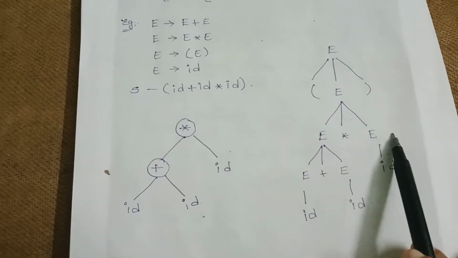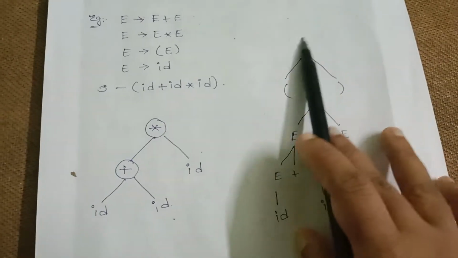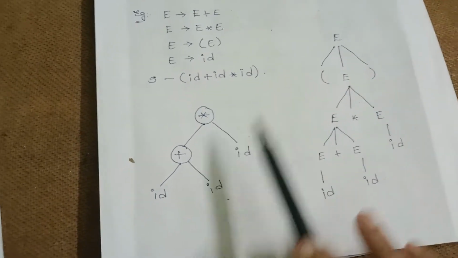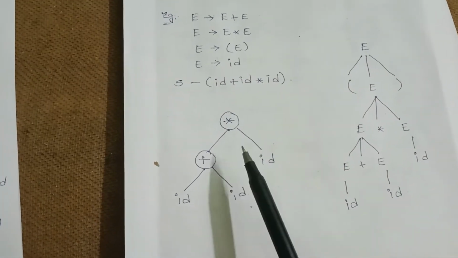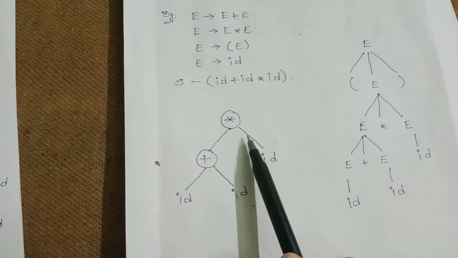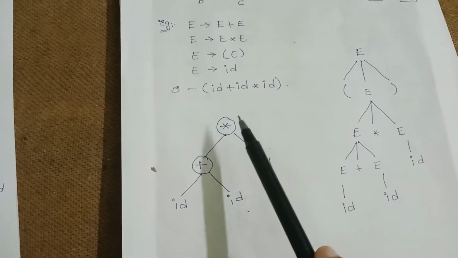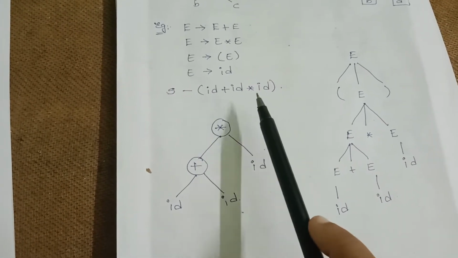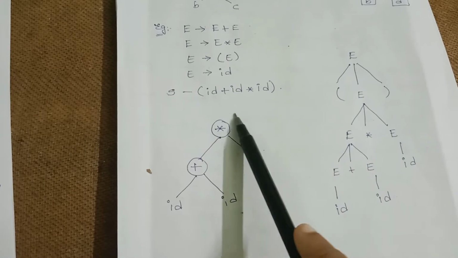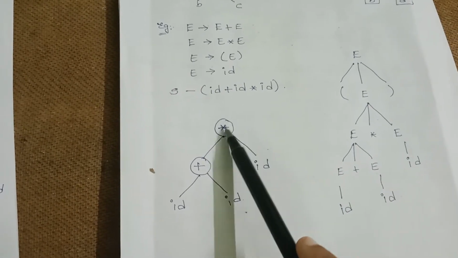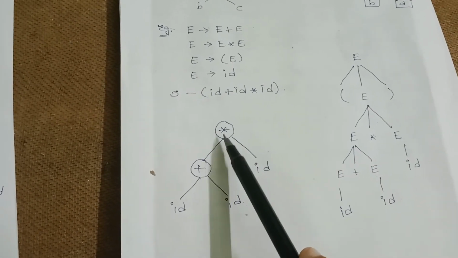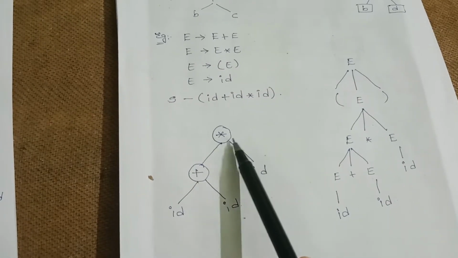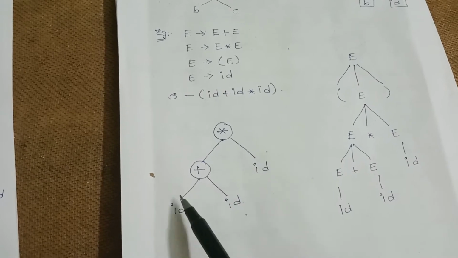A parse tree is nothing but a tree in which we declare everything which we are using in the production. In abstract syntax tree we are going to use only the operands and the operators. So here first, in our given expression, we take star according to the operator precedence, and then plus, and star is given to id and plus id.